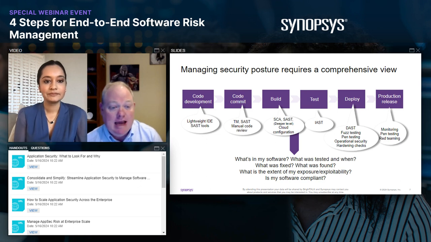You may be doing dynamic analysis in a pre-production or a production environment. You may be doing your SCA during the build. So what's evolved now is you've got all these solutions that are really good at finding vulnerabilities at different stages of the software development lifecycle.